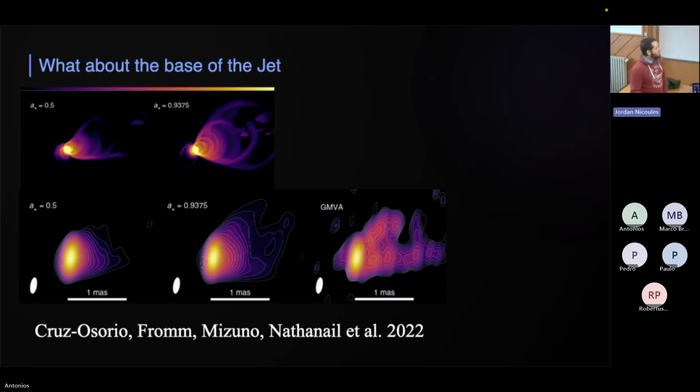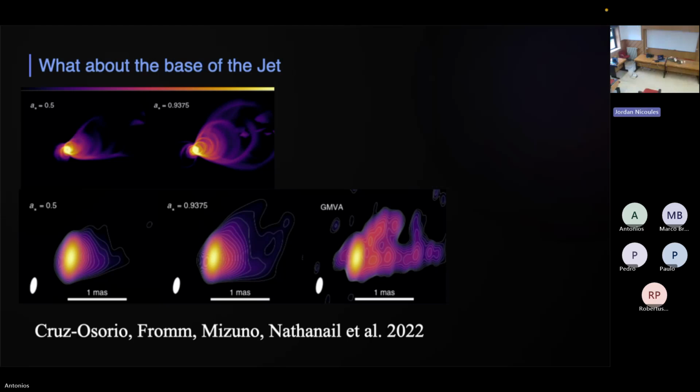Now for M87, this is an observation of M87, and this is exactly the base of the jet. So we have seen the base of the jet, I mean, we have seen also further, but even close to the black hole, the image is here, and then you have in a different frequency, I think this is 43 gigahertz or 46 gigahertz or something like this, you have this nice limb-brightened structure of the jet.